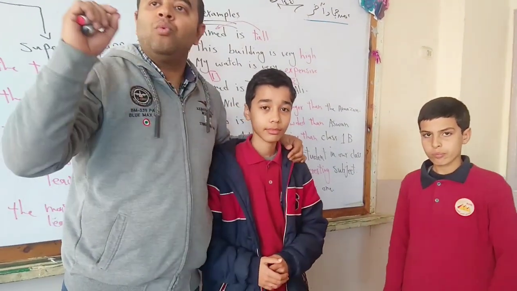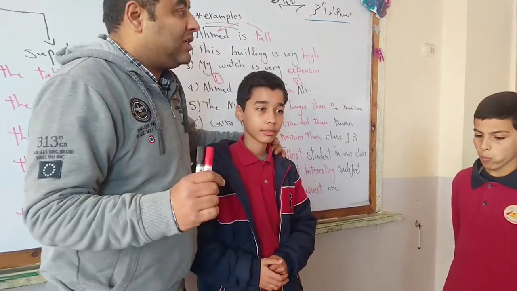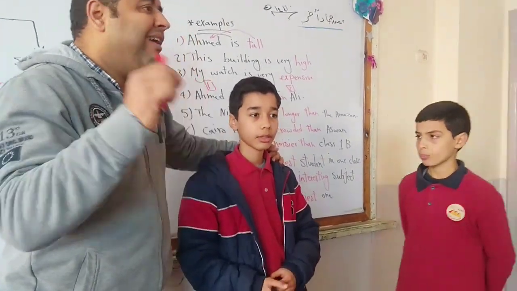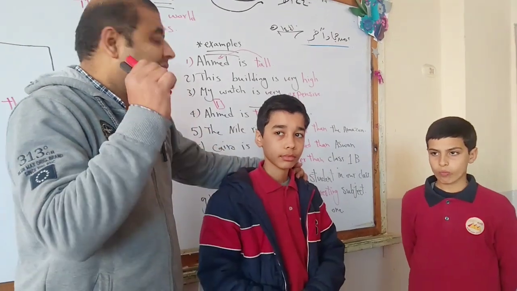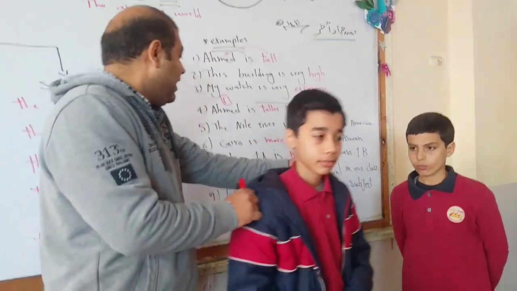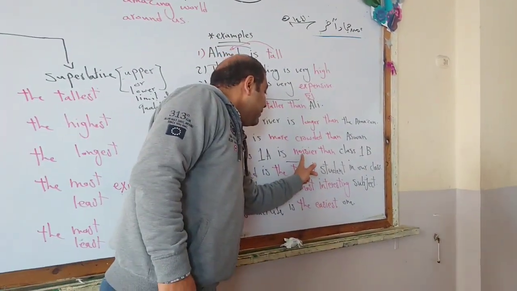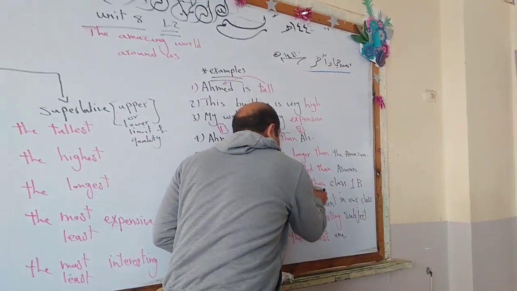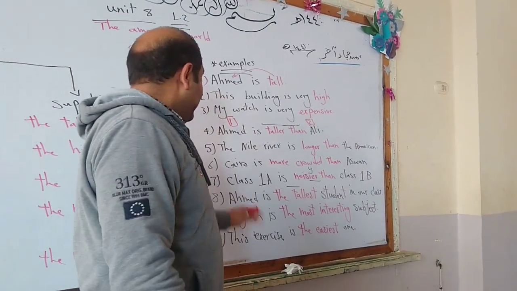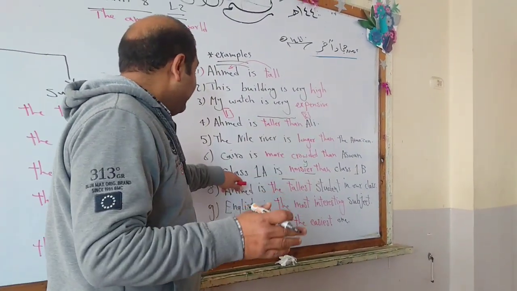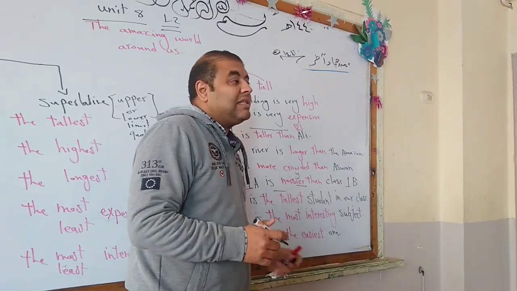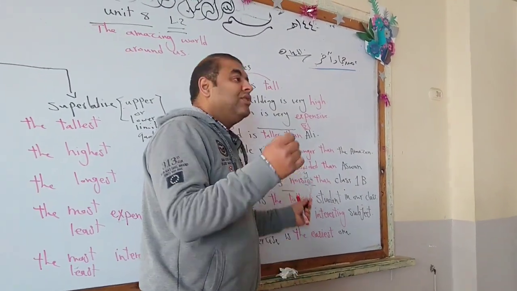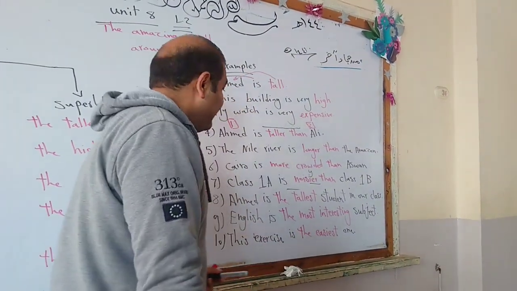Noisy ends in Y. If you have an adjective that ends in Y, you can add IER instead of the letter Y. So it becomes noisier, N-O-I-S-I-E-R, instead of the Y. Okay? Here I'm making a comparison between class A and class B using the adjective noisy. So we use noisier, then it's a comparative adjective.